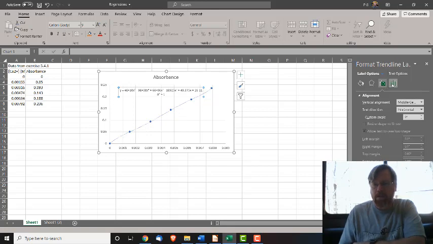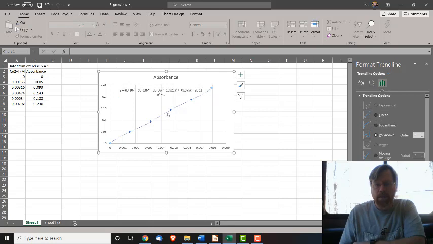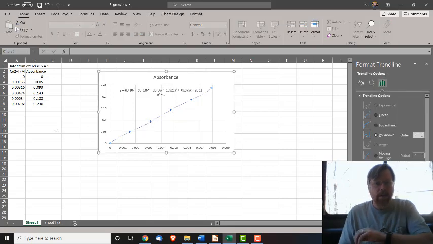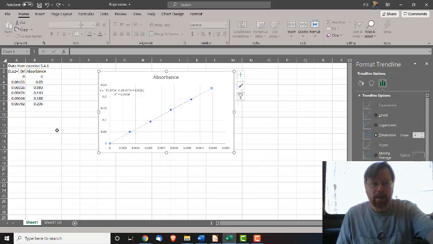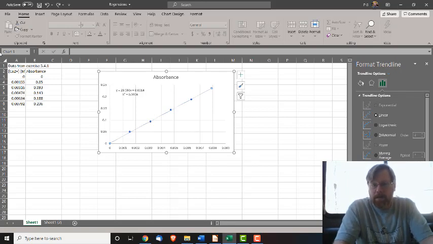The general rule for trend lines, or for fitting data, okay, let me hit undo so I can get back to it: you want to use the simplest expression that fits your data adequately. So for polynomials, use the lowest order polynomial that will fit your data and describe it well.